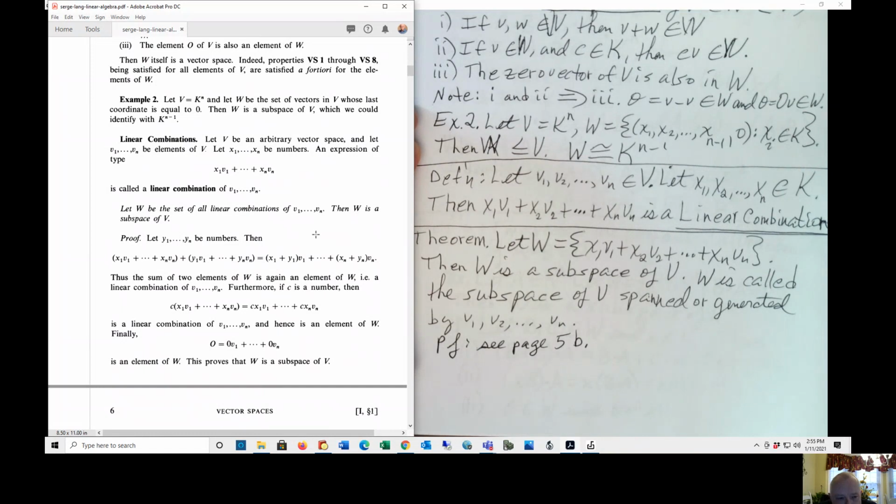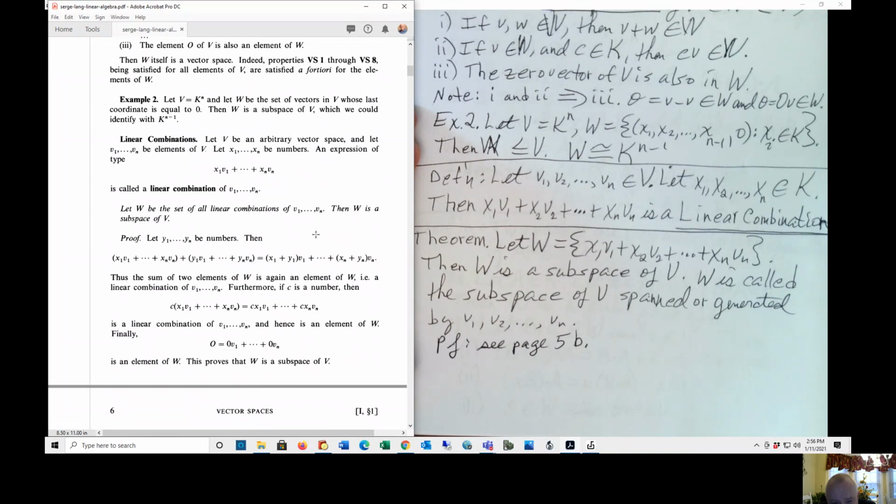We have to show that if we take any two vectors in this set W, the sum of those vectors is in W, scalar multiples are in W, and that the zero vector is in W. So if you take two vectors that look like linear combinations of v1 to vn, add them together, and then by the distributive property, factor out the corresponding vectors, you notice again that the result is a linear combination of v1 to vn.